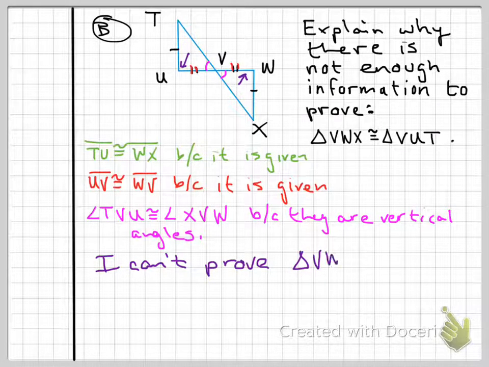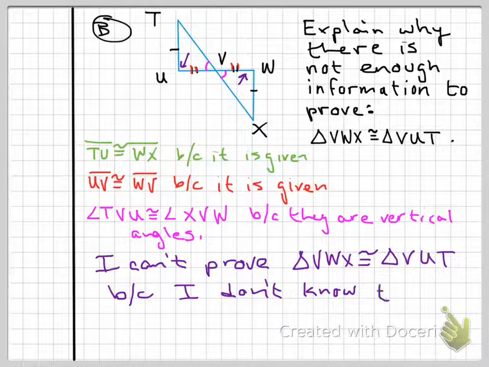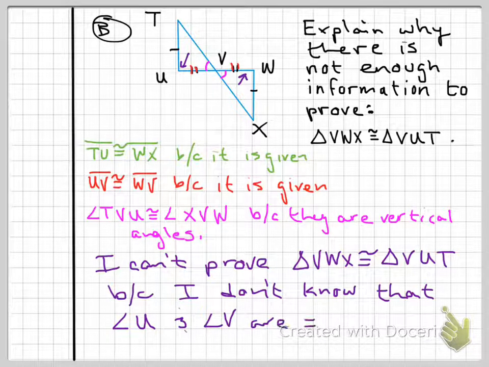Triangle VWX is congruent to triangle VUT because I don't know that angle U and angle W are congruent.